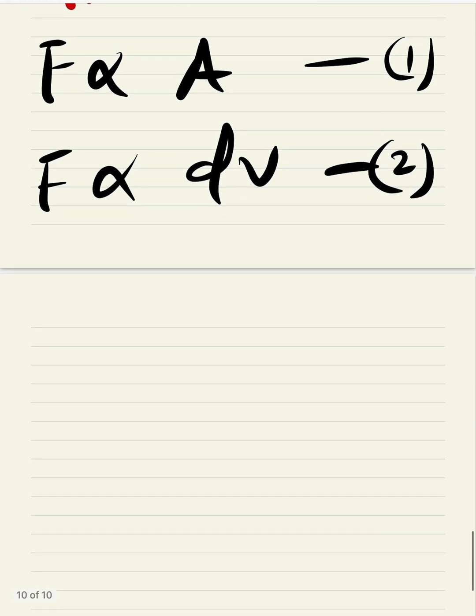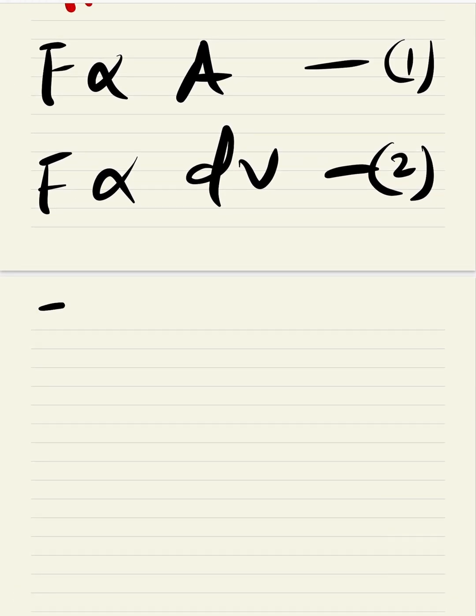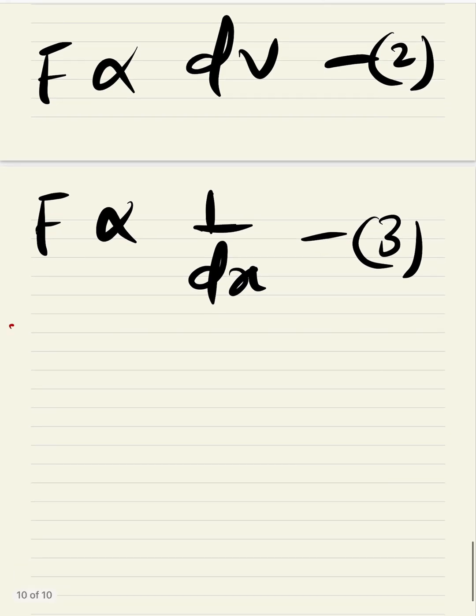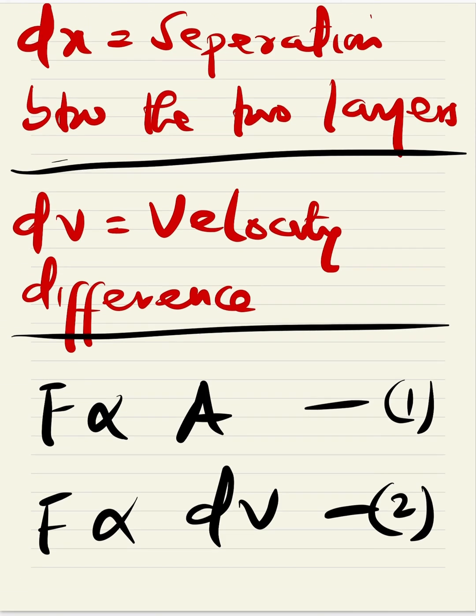And that same viscous force is inversely proportional to the separation between the two layers, which I have represented as dx. Those are the three things. You will just join them together and you are good to go.